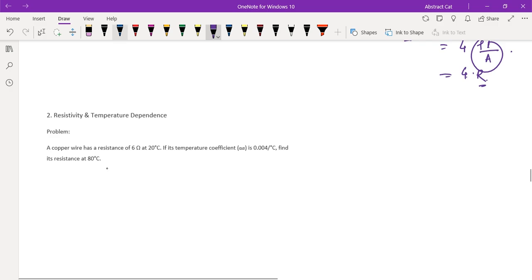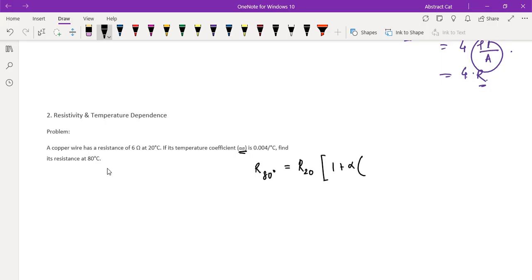So the formula we know is R80 equals R20 times (1 plus alpha times the temperature difference).